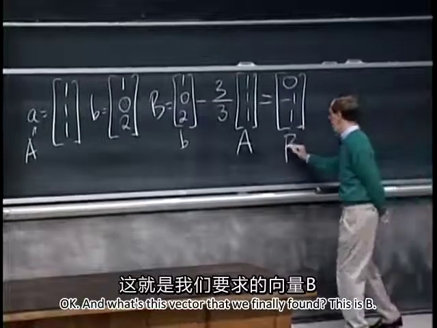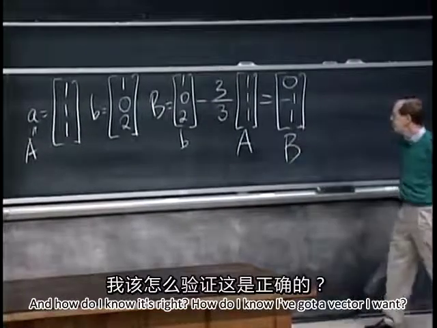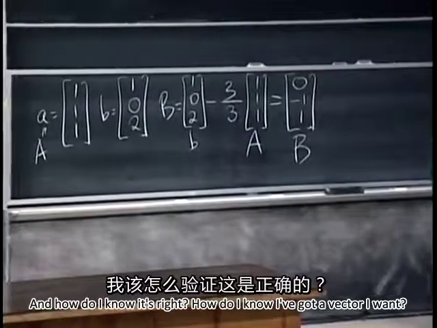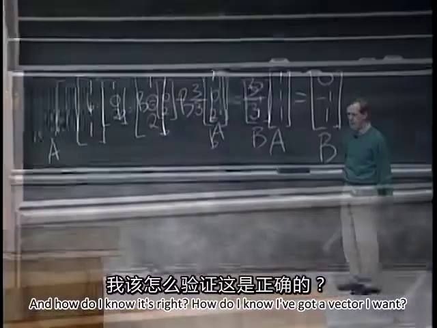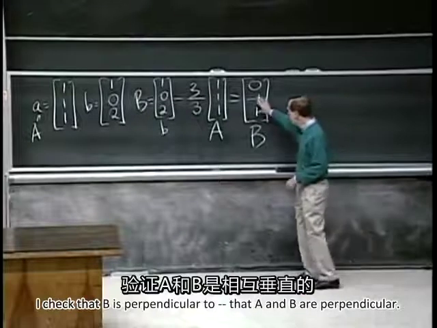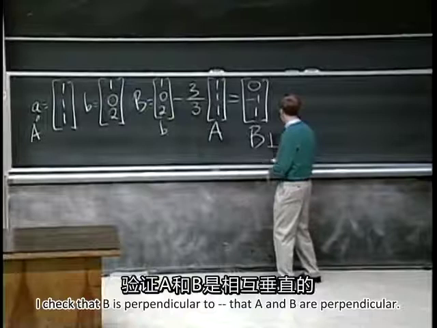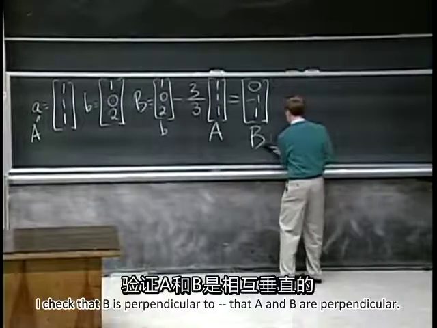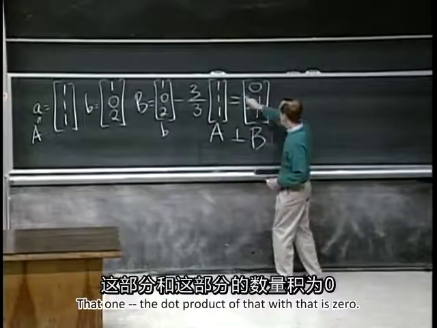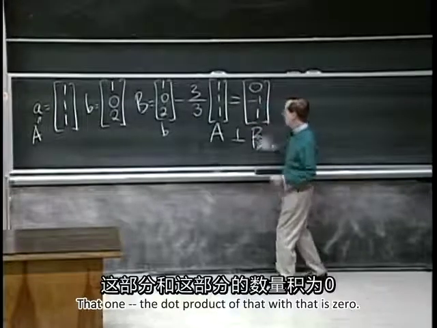This is B. And how do I know it's right? How do I know I've got a vector I want? I check that A and B are perpendicular. Just look at that. The dot product of that with that is 0.